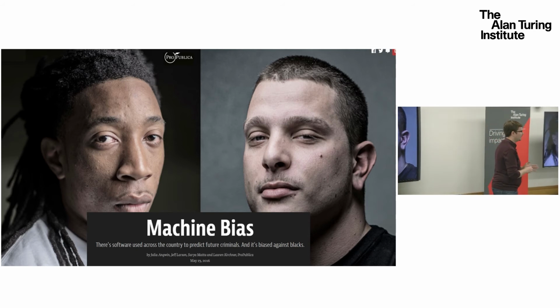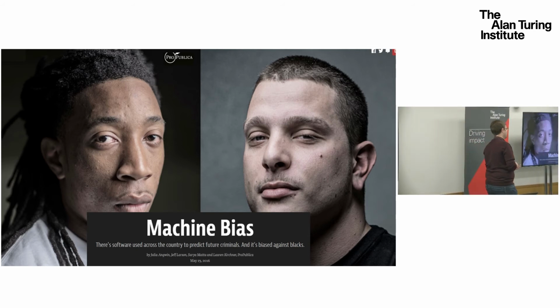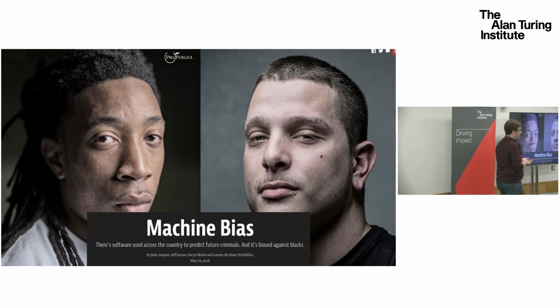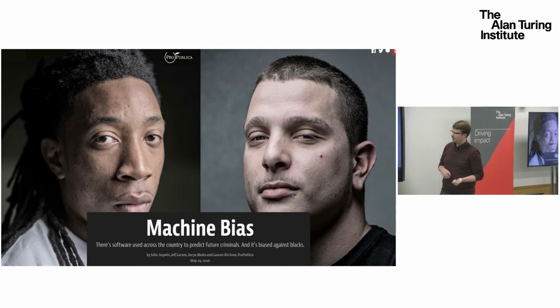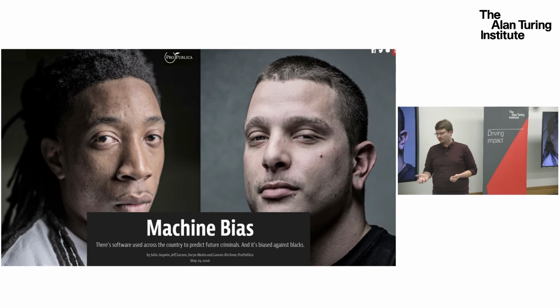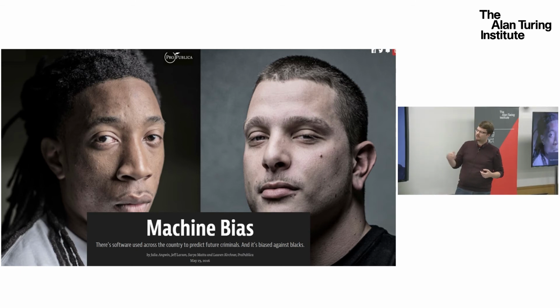So there are two examples where I think this question of, do I get an explanation of a decision that affects me, has really come to public attention. So this was a piece by ProPublica last year. It has to do with the Compass recidivism scoring system that is used in some courts in the US. And basically what their analysis found was that the system was biased in favor of white defendants versus black defendants.